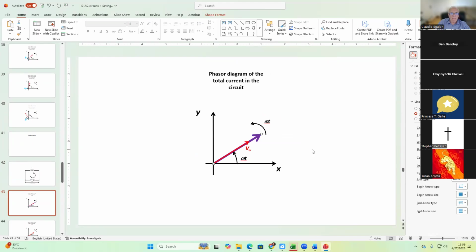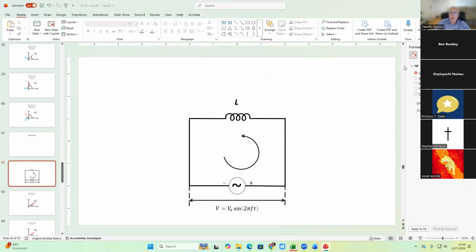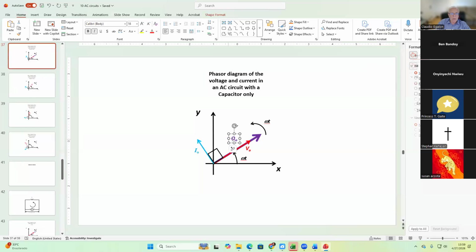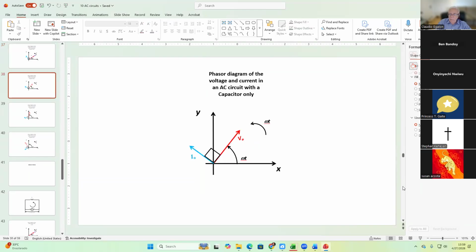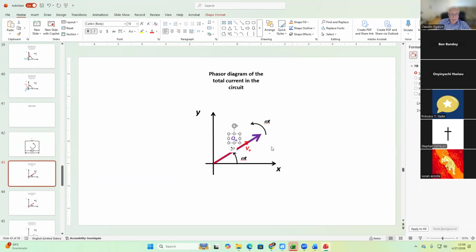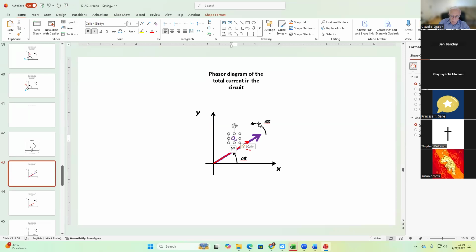And I want to put Q naught there. Wait a minute, no, it's not Q naught. It's going to be delta I, delta T, because this is the case of the inductor.